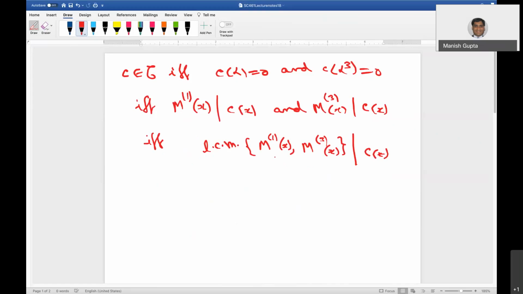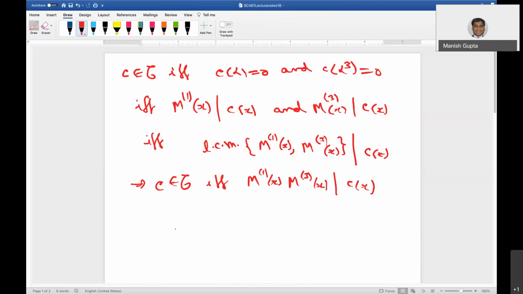Now both m1(x) and m3(x) are irreducible and distinct, so finally c belongs to C if and only if m1(x) into m3(x) divides c(x).